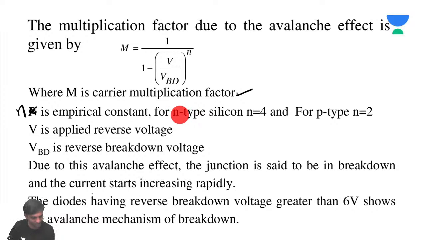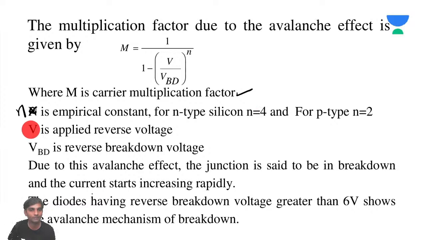Yes, that is one of the reasons. But importantly, because of the kinetic energy gained, the temperature increases, and as the temperature increases, this multiplication happens. For n-type, electrons are the majority charge carriers, so n is equal to 4. For p-type, it is going to be 2.